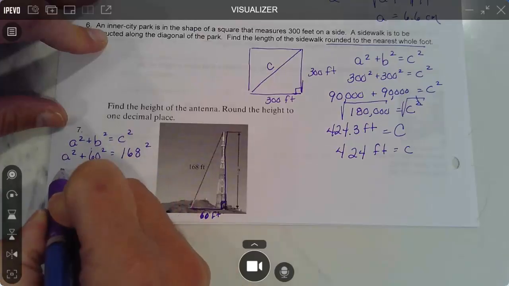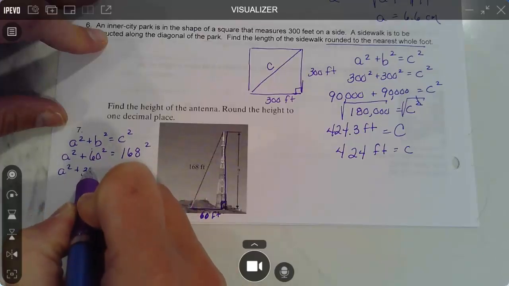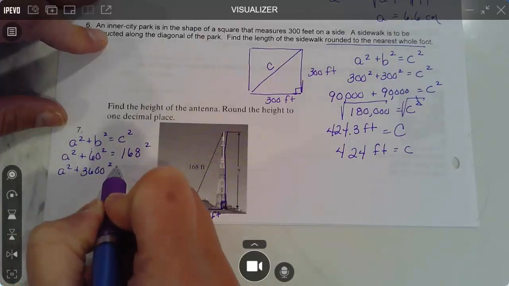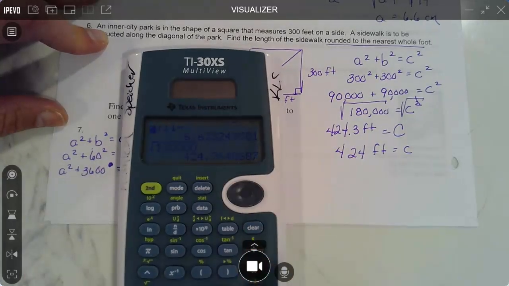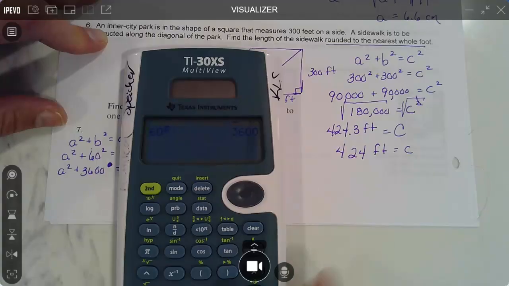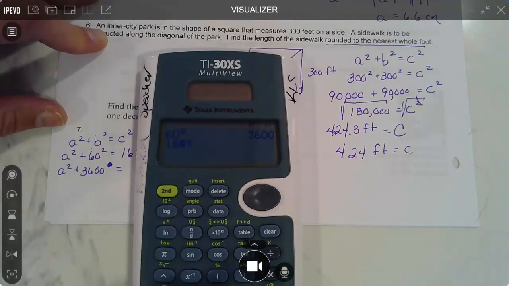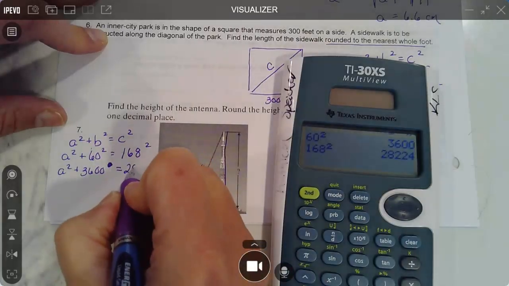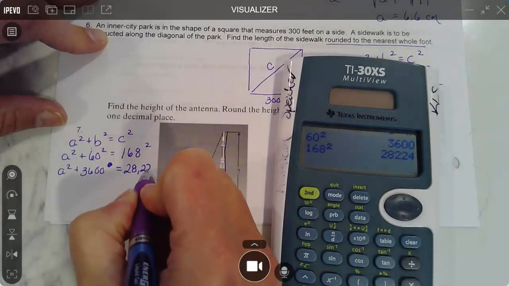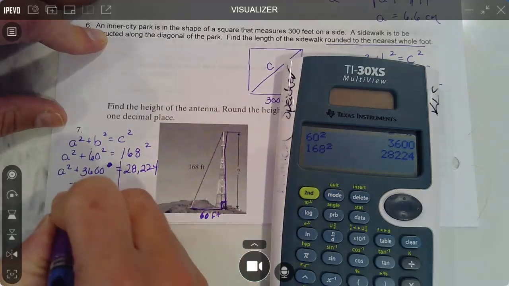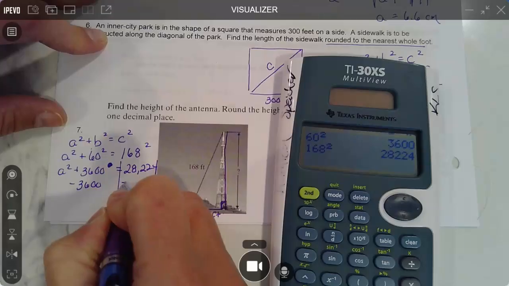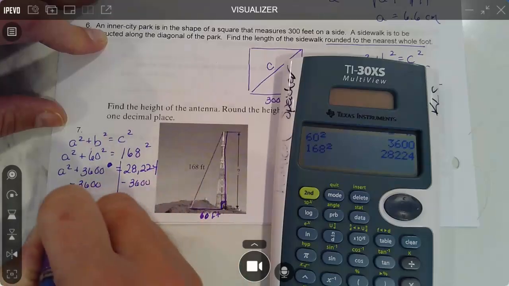All right, so plug in our calculators. 60 squared is 3,600, right? And then 168 squared is 28,224. Okay, so it's just a little mini equation. So we'll subtract to undo addition.